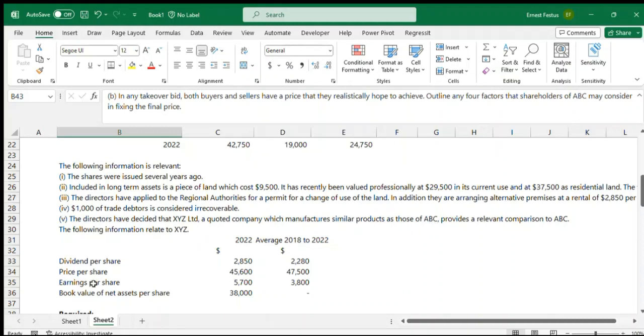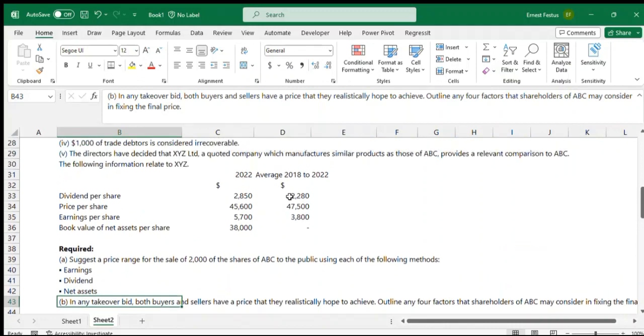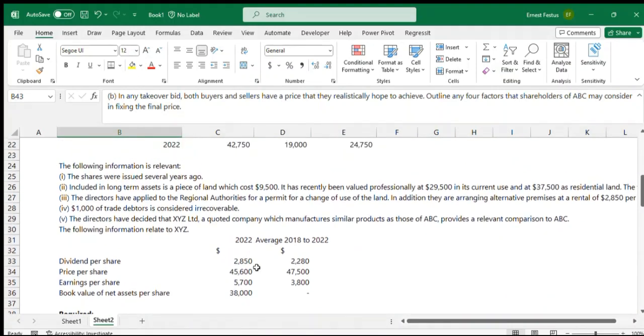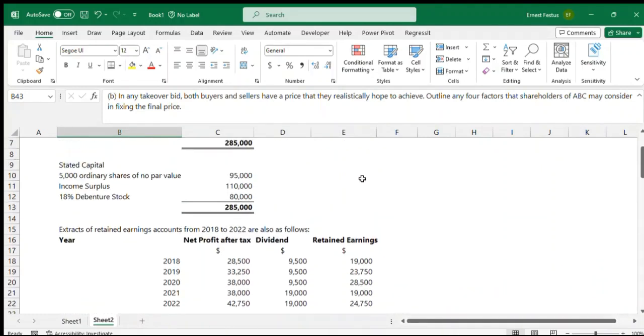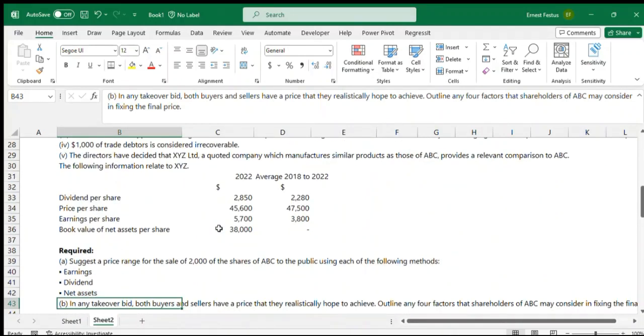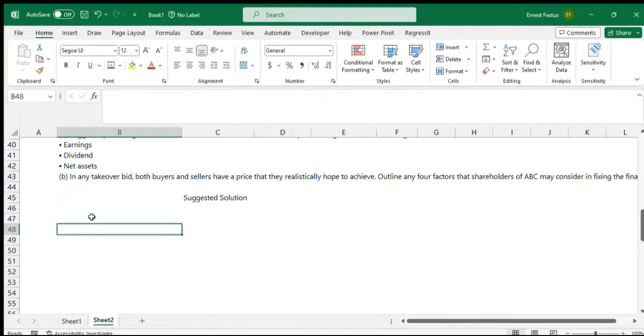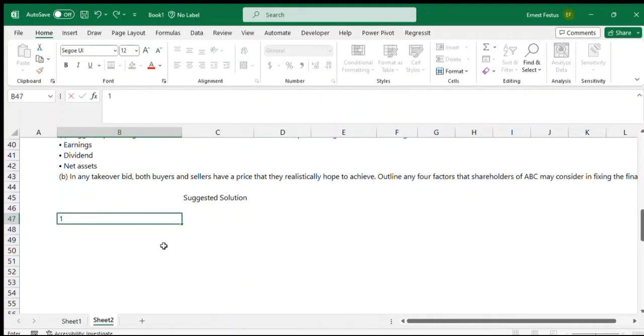Let's see how we are going to do it. I explained that a whole lot in my previous video, so you can go back, watch it, and then come back to follow this. So the first one here is the earnings methods.